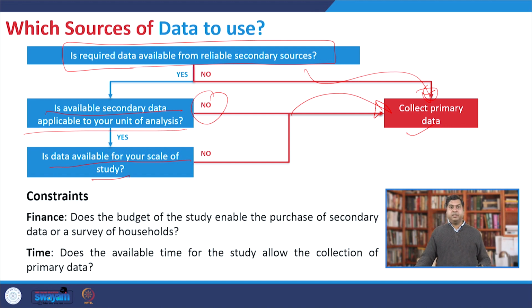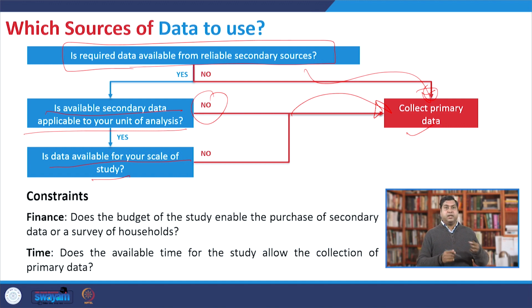So my advice: once you finalize your research objective and the type of information you require to achieve it, look at the available sources and check all these points: whether the data is reliable, whether it is complete, whether it has timeliness and is not outdated.